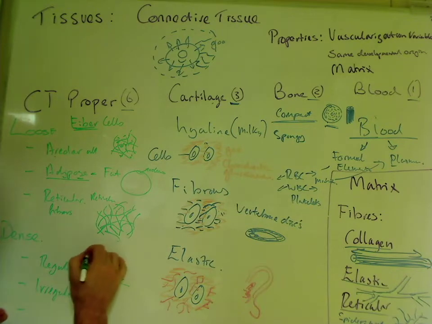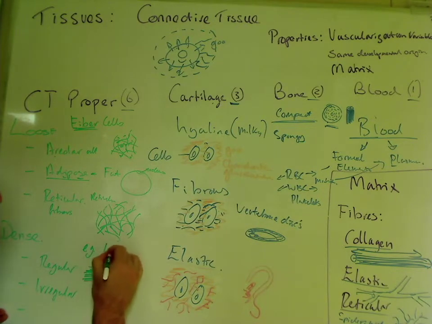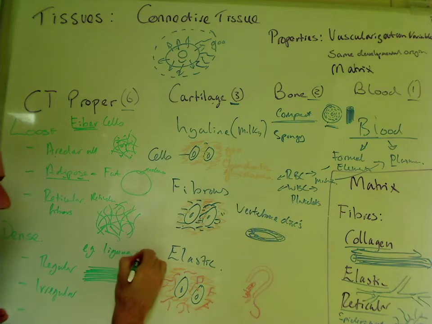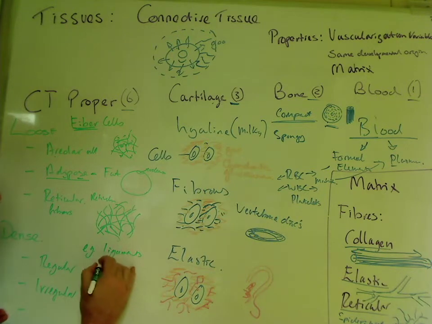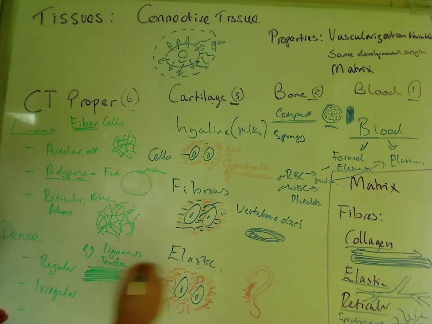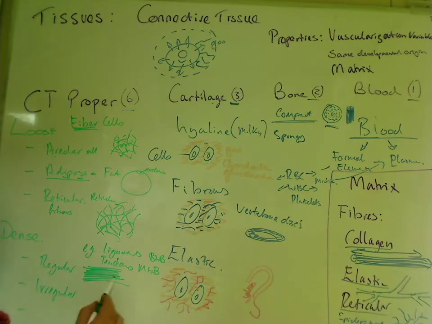The examples of this would be your ligaments, which join bone to bone, and also your tendons, which join muscle to bone. So B to B, bone to bone, M to B, muscle to bone. They all lie in the same plane, therefore they're very, very strong in one axis.